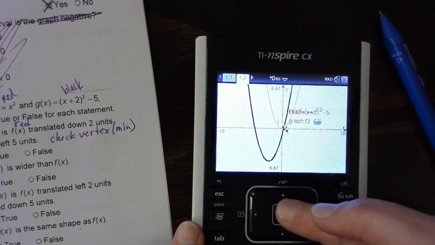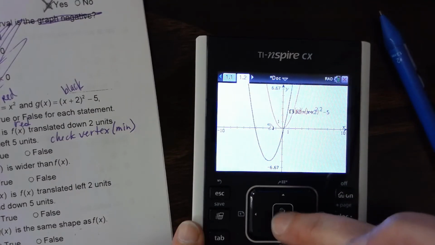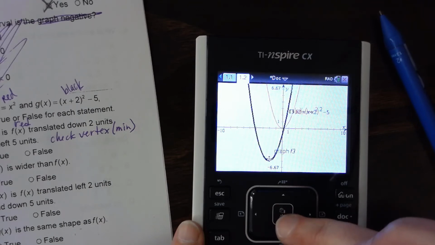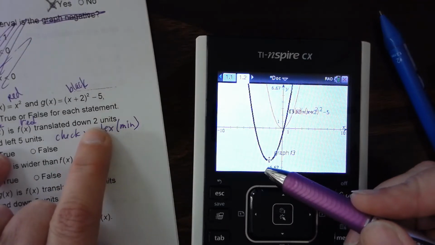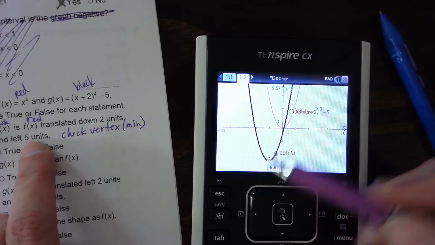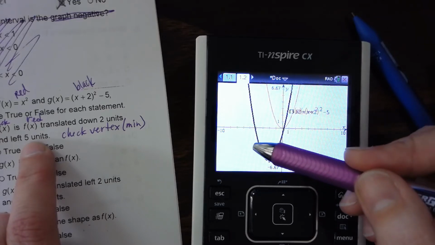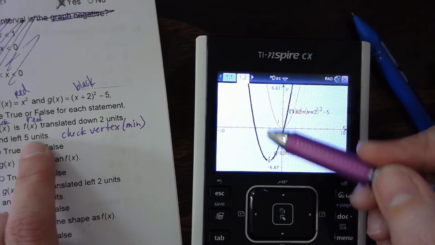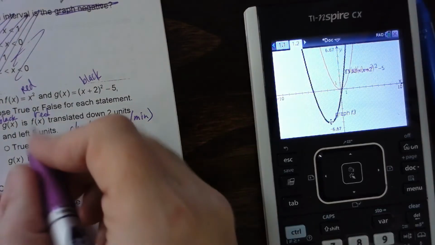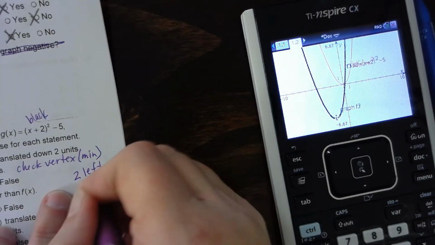It's at 0, 0, and my new one goes over here and then down to right here. Did that move 2 units down and 5 to the left? 2 down, 5 to the left would be over here. This went 2 to the left and 5 down. So this is false because it went 2 left, 5 down.